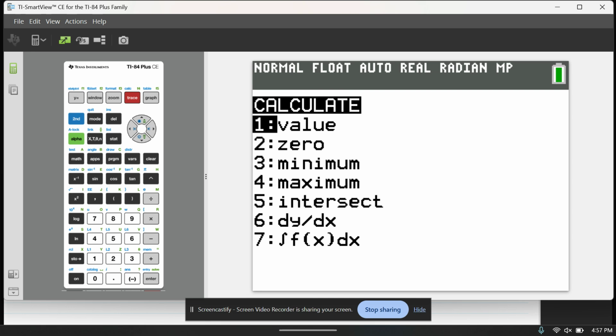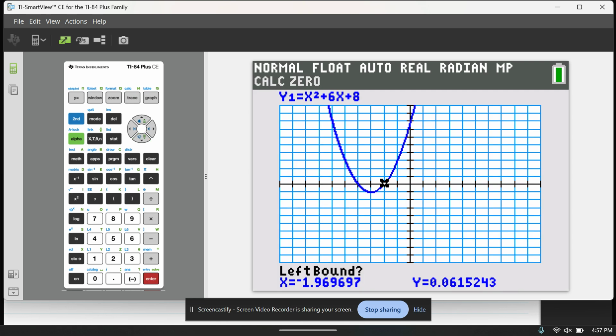The zeros are the same thing as x-intercepts for any problem. Zeros are x-intercepts. X-intercepts are zeros. If it uses the word roots, zeros, x-intercepts, all the same thing. Okay? So I'm going to go to option 2 for a 0. Okay? And there's 2 of them to find.